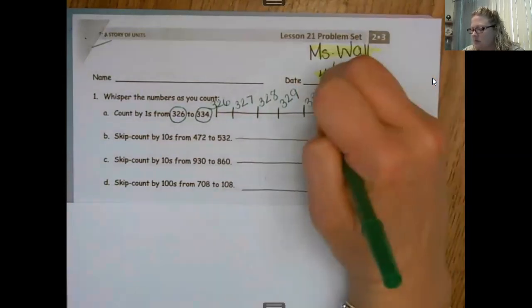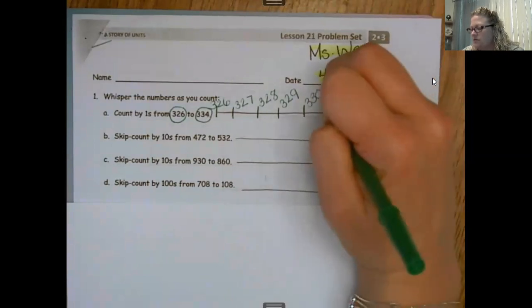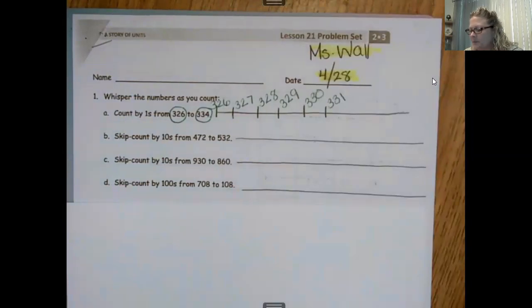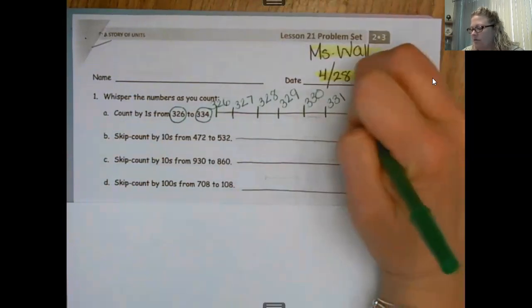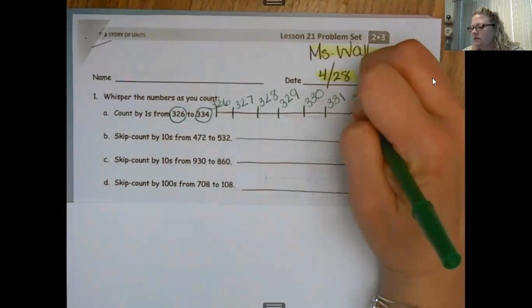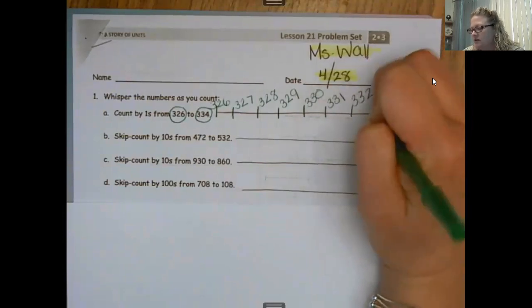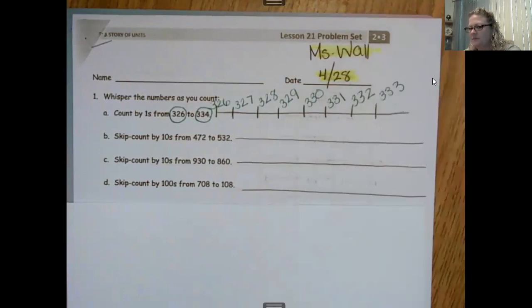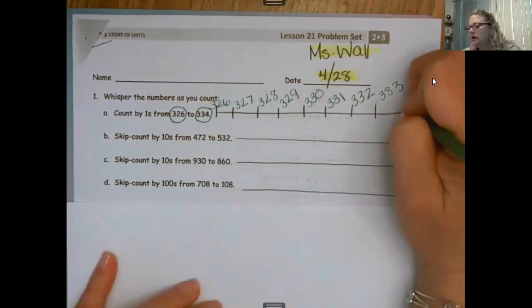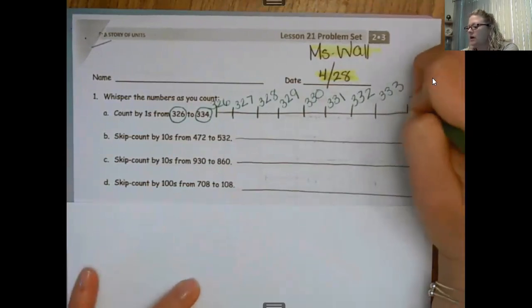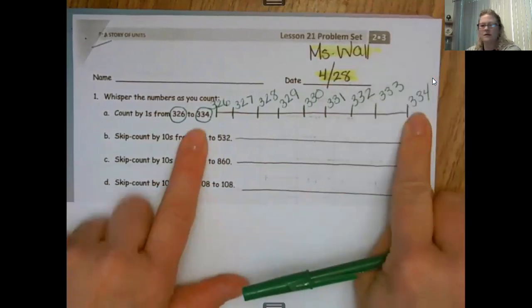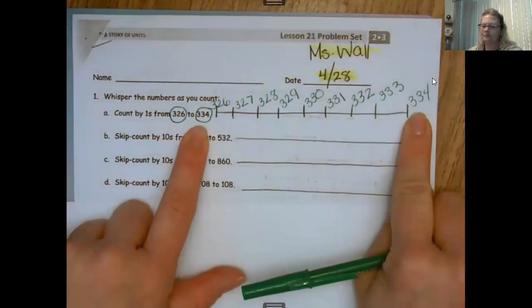All right, we're almost there. 331. 332, good. 2 more. 333. And last but not least, 334. Here we go. They're the same. We know we did it.